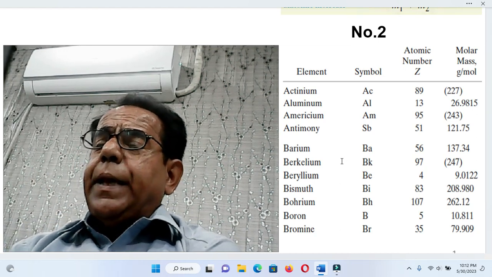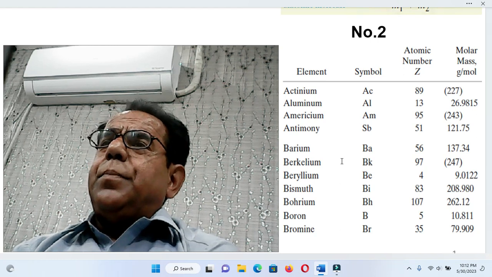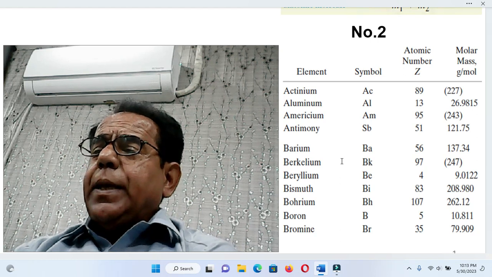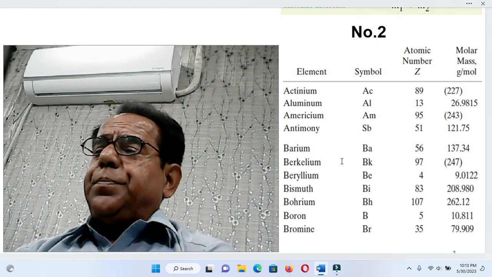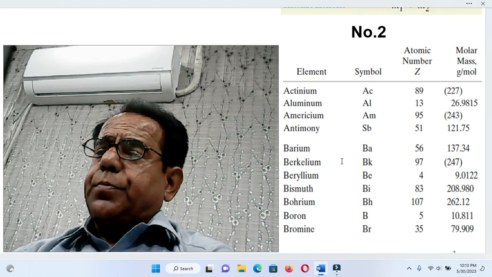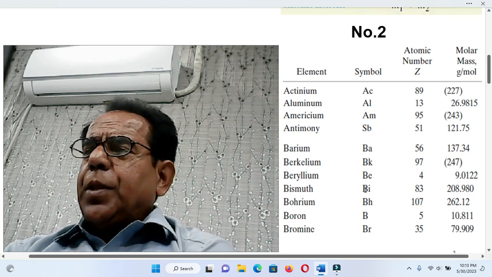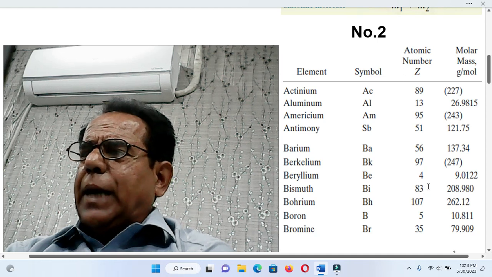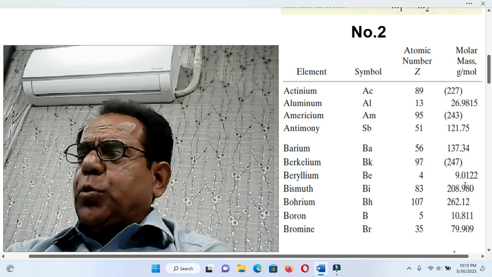Barium, Ba. But our ionic molecule is not barium oxide. In row number 3, beryllium, Be, is given: atomic number Z is 4, and molar mass in gram per mole is equal to 9.0122.